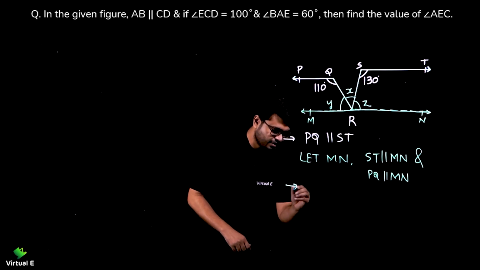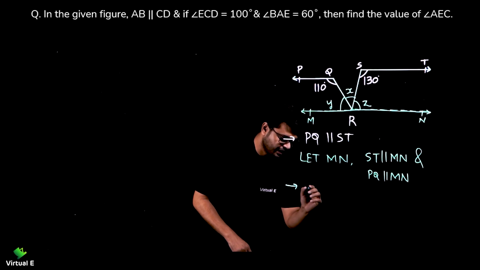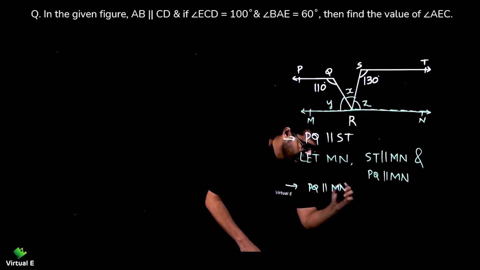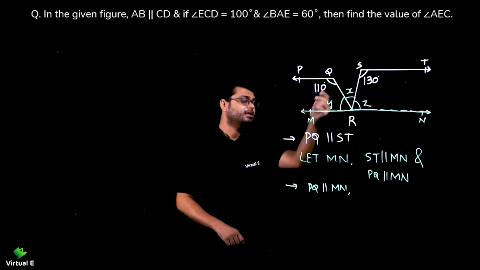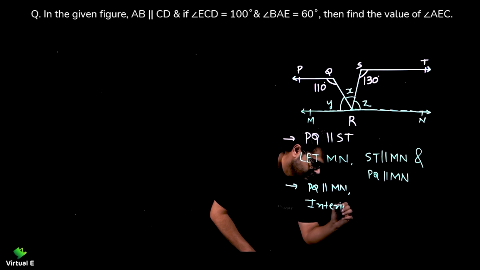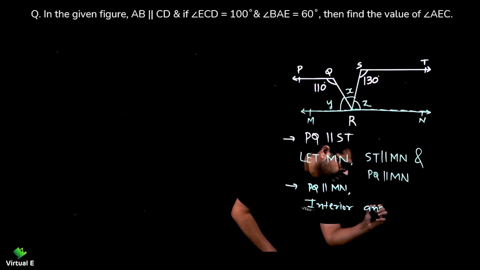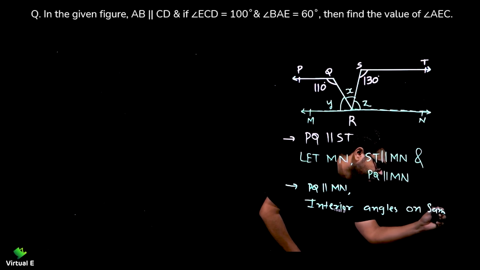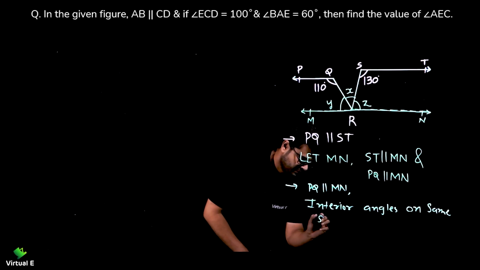So first of all, let's write PQ parallel MN. So PQ parallel MN. So what can we write? IASS, interior angles on same side, right?